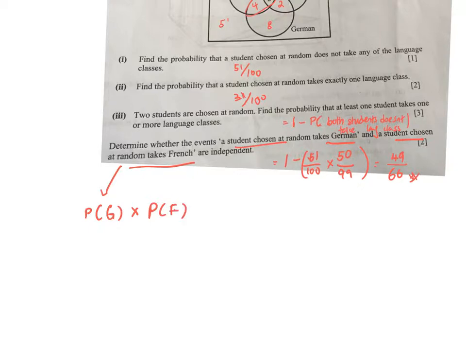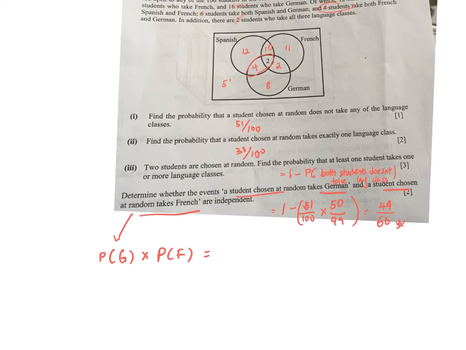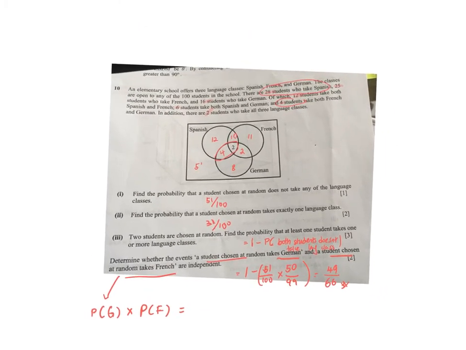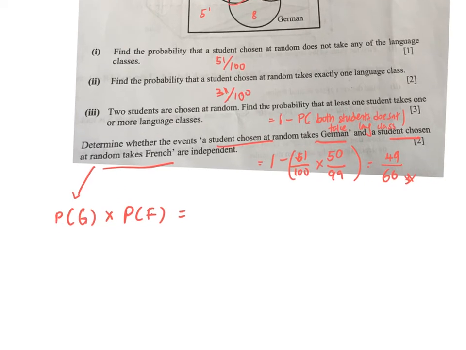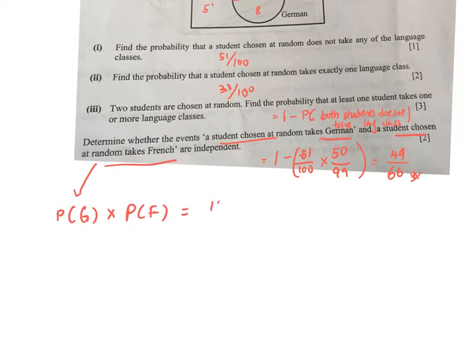There are a total of 16 German students, so it's basically 16 over 100, multiplied by the French students, which is 25 over 100. This gives us 4 over 100, which is equal to 1 over 25.